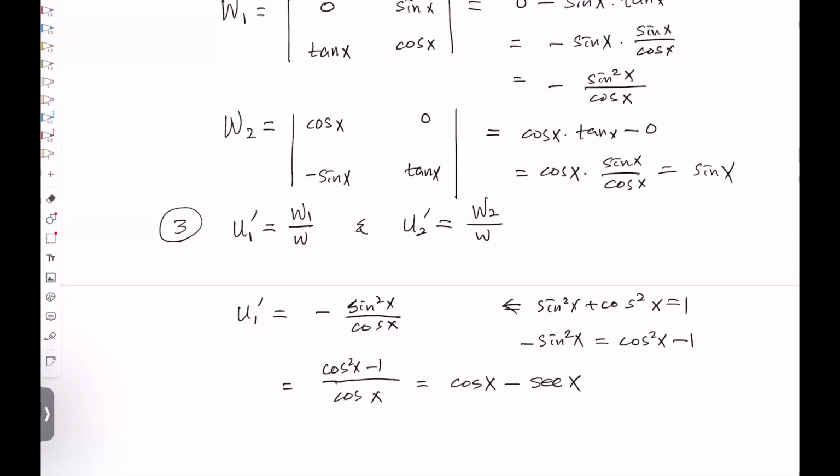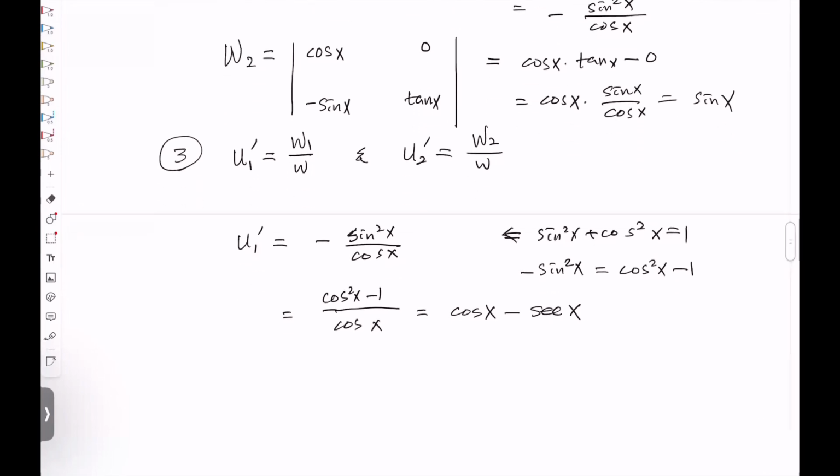Let's say integral of the cosine, obviously we can do that. Integral of secant x is given, so it's much better. So now u1 equals the integral of this. So cosine x goes to sine x, minus secant x, which is the third line in the middle, ln of secant x plus tangent x.